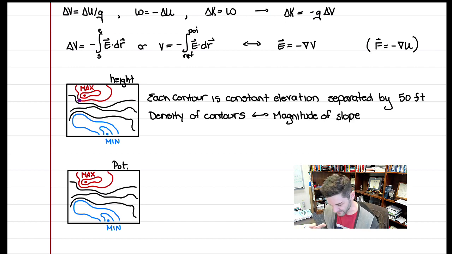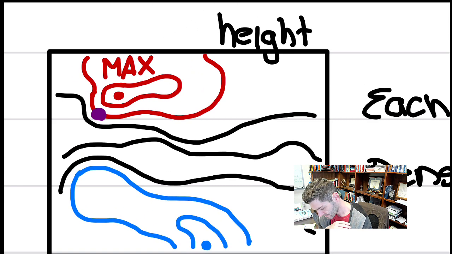Well, there are a lot of contours squished in that area, and as I go from contour to contour, I'm changing by 50 feet. That means I only have to go a little distance in this direction or a little distance in that direction in order to change by 50 feet. Obviously, if I go in this direction, I'm not changing my elevation at all. That'd be a change of 0 feet.